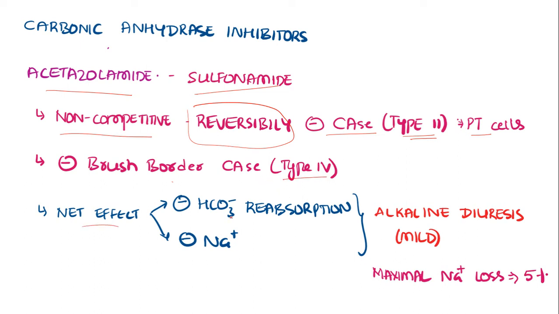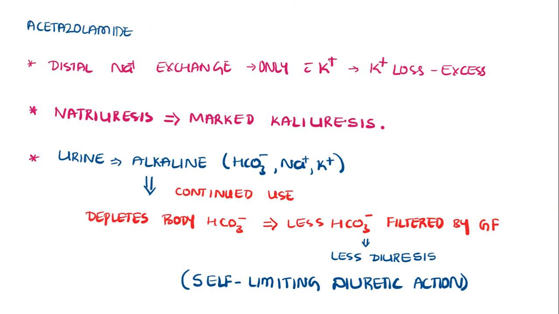The net effect will be inhibition of bicarbonate as well as inhibition of sodium reabsorption. It produces alkaline diuresis, which is mild in nature, and the maximum amount of sodium lost is only 5%. That's why it is called a mild diuretic agent.